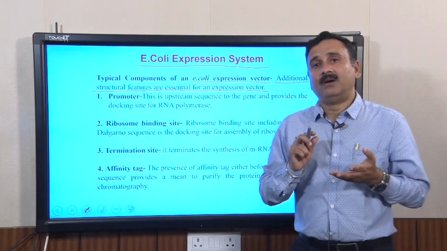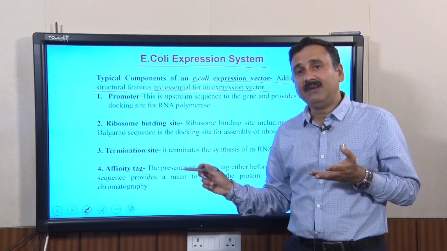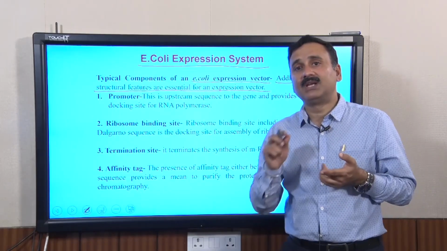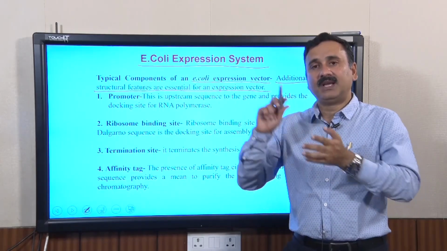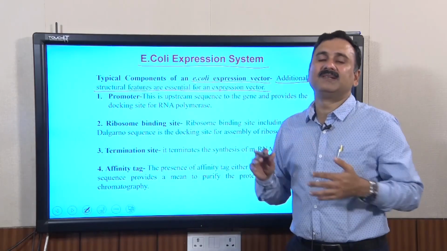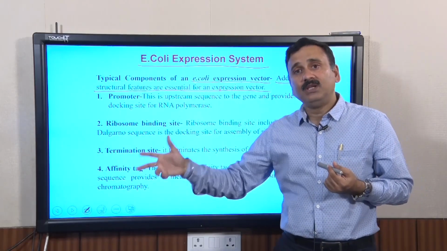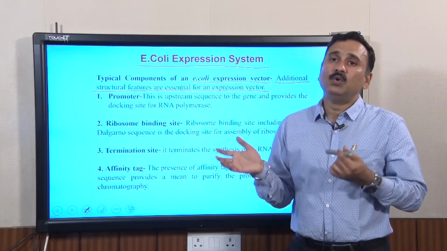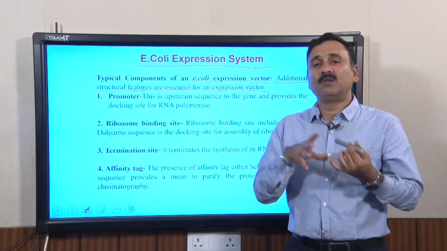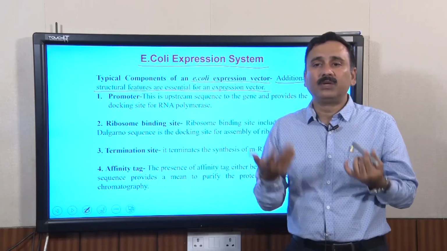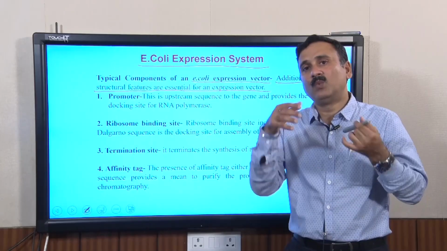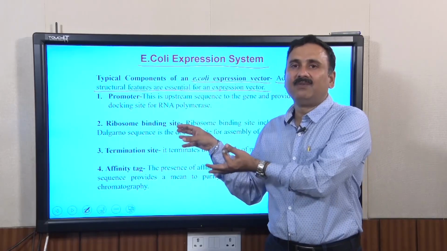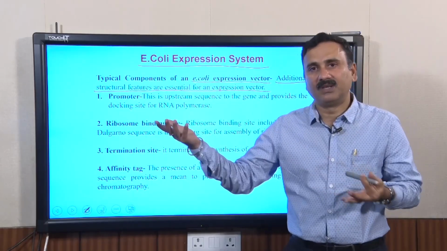In most prokaryotic systems you have the ORI C, whereas in eukaryotic systems you have the origin of replication as per the host strain such as yeast or mammalian systems. Most eukaryotic cloning vectors also have the origin of replication for the prokaryotic system, so that you can do the cloning and manipulation within the prokaryotic system, and then transform this into the respective eukaryotic expression system and overexpress the protein.